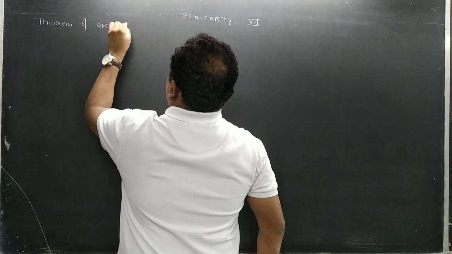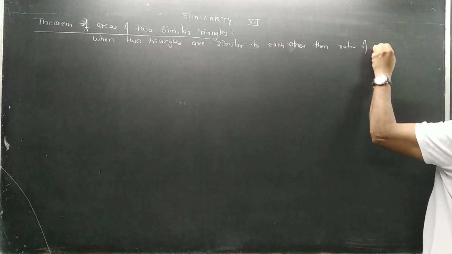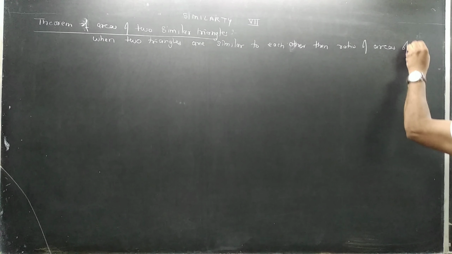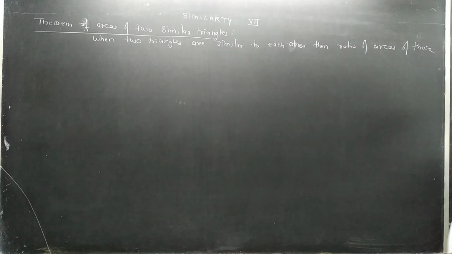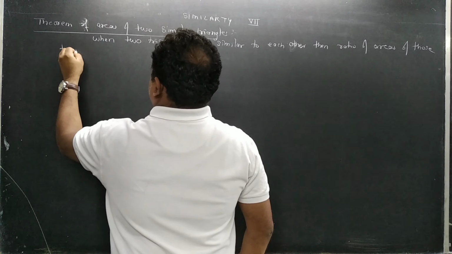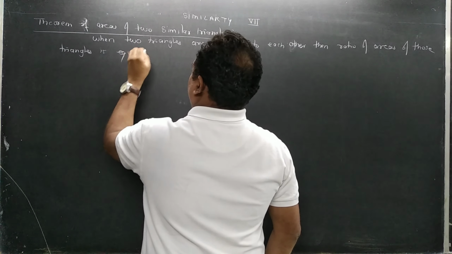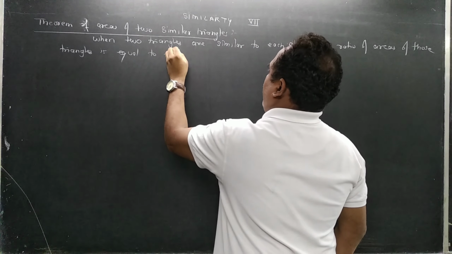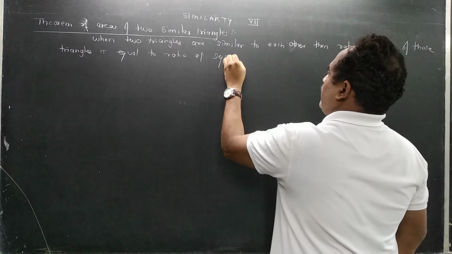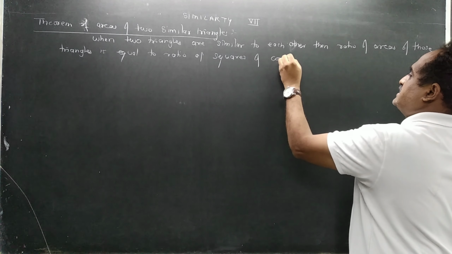then the ratio of areas of those triangles is equal to the ratio of squares of corresponding sides.